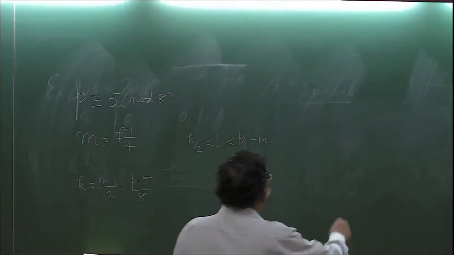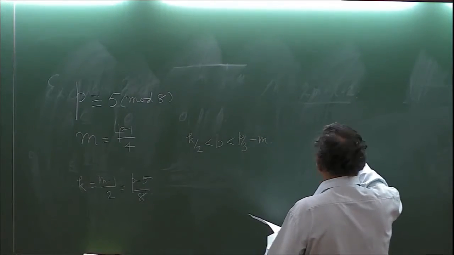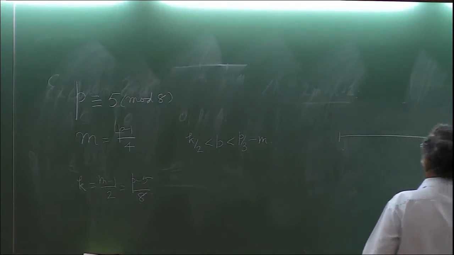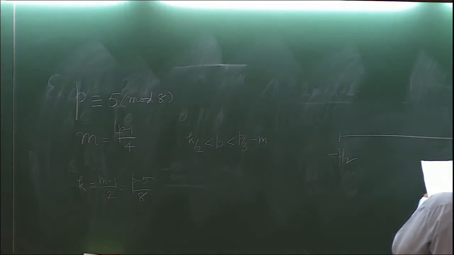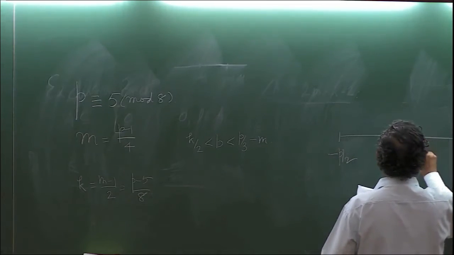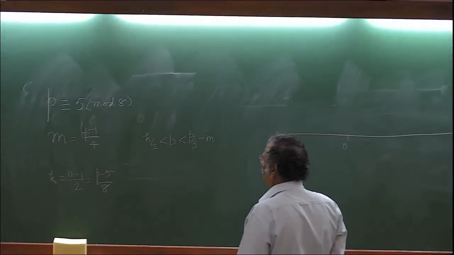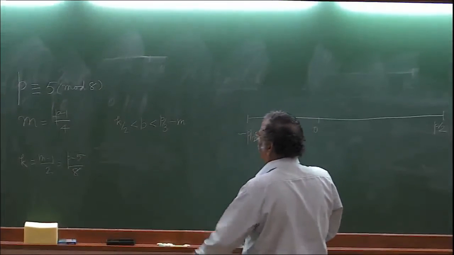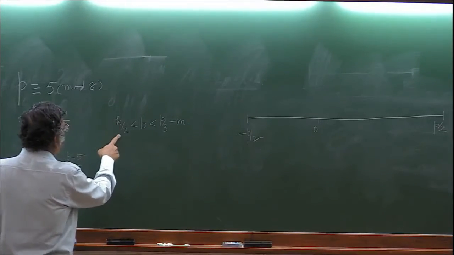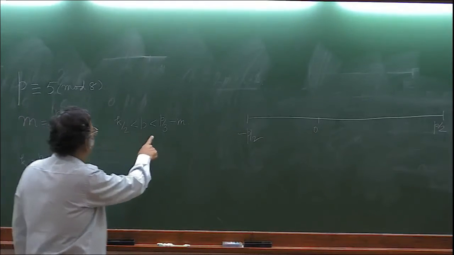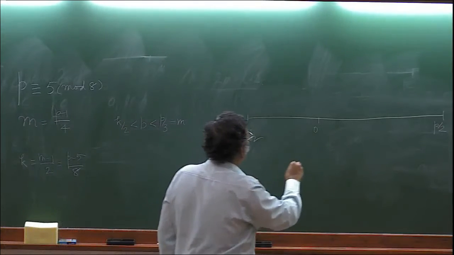Okay, now let me again draw the graph. Take this modulus. And this K is around P over 8, and therefore K by 2 is around P over 16, and your B lies there.